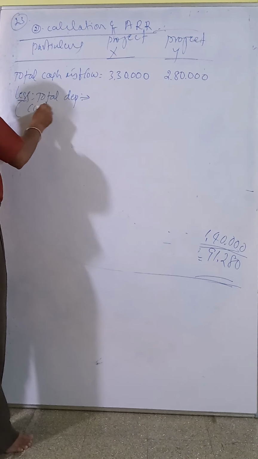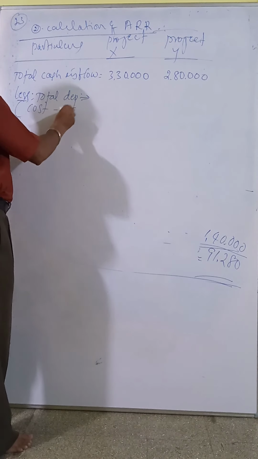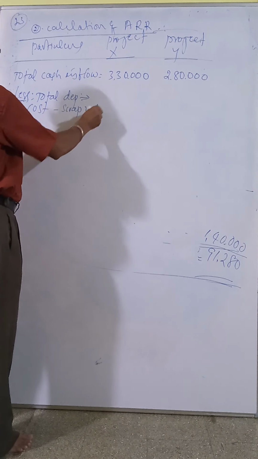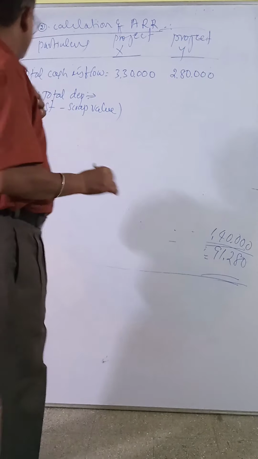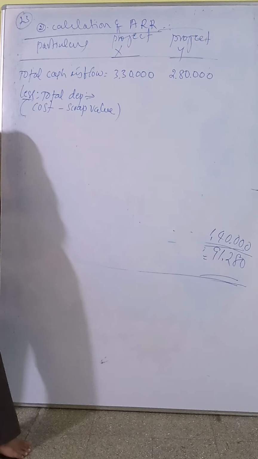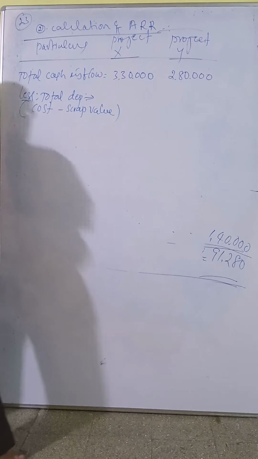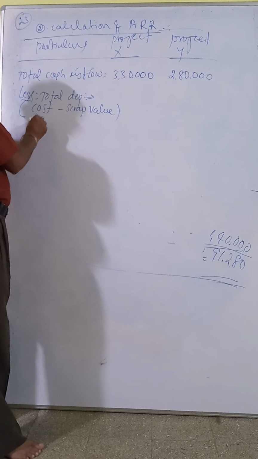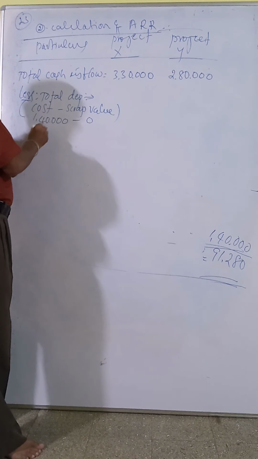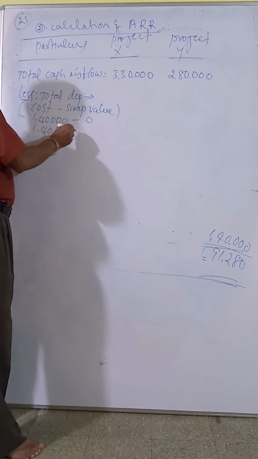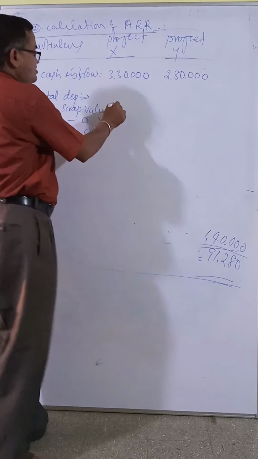Cost of project minus scrap value. Original investment in this question is 1,40,000 for both projects. Scrap value is 0. So 1,40,000.